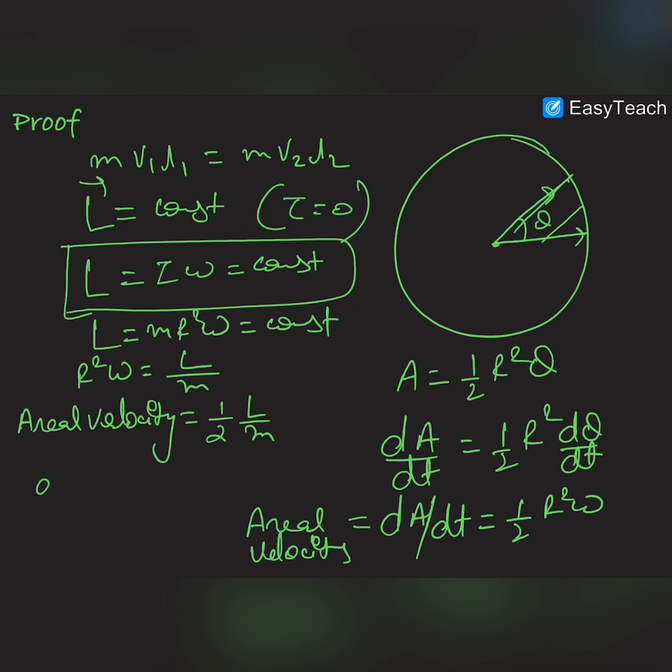So areal velocity dA by dt is equal to L by 2m. This is the areal velocity, and it depends on the angular momentum and the mass of the planet. So we can say that the areal velocity will remain constant throughout the motion.